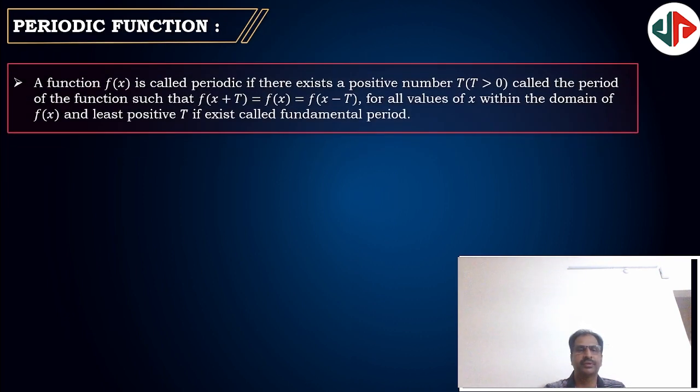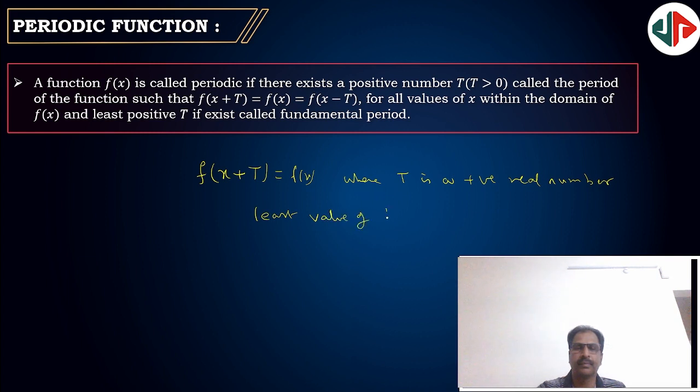Next, periodic function. A function f of x is said to be periodic if f of x plus t is equal to f of x, where t is a positive real number. And the least value of t is said to be the period.